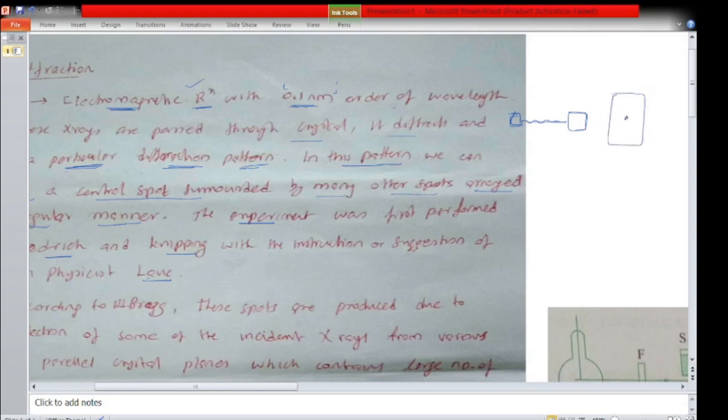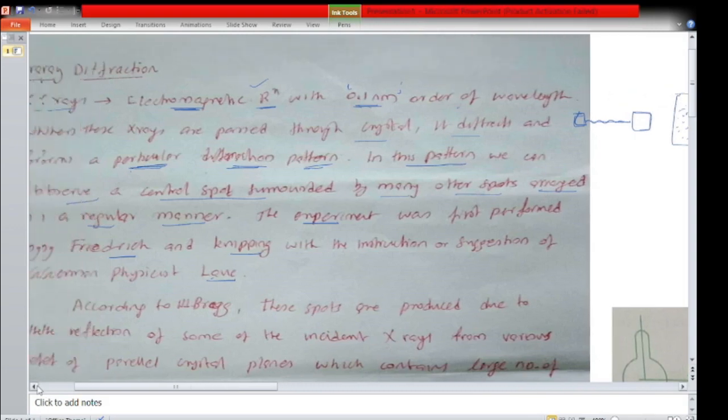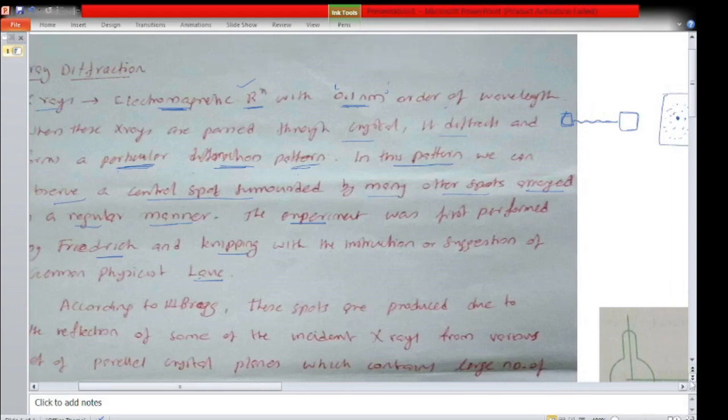In that pattern, the central spot will be very bright, and surrounding it we will have other spots which are less bright than the central one, but they are orderly arranged, not random, in a regular manner. So you can see that after diffraction we'll get this kind of pattern.